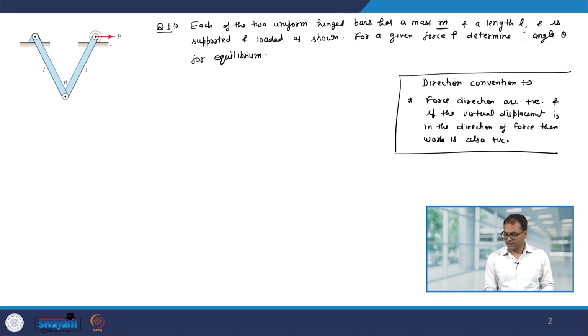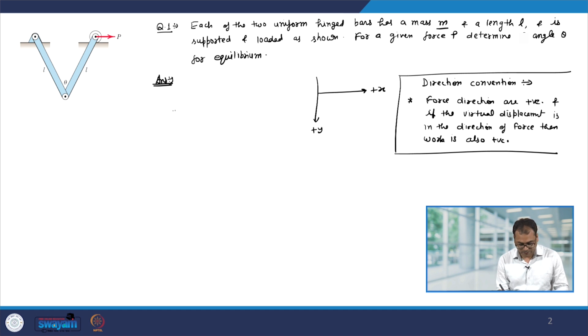The question asks to determine the angle theta, so that P balances the collapse of these bars. First of all, let me put the directions here. I have taken plus x because the P is acting in that direction, and I am taking this direction as positive y because the mass of these rods are acting downwards.